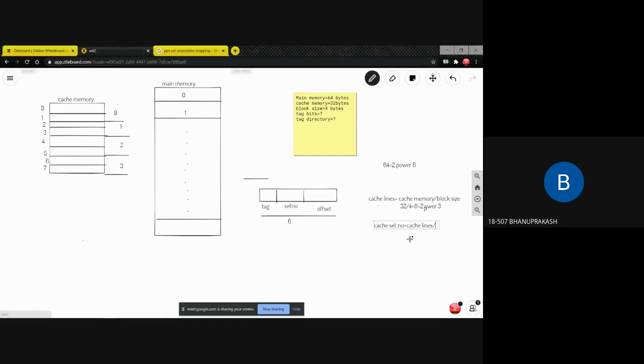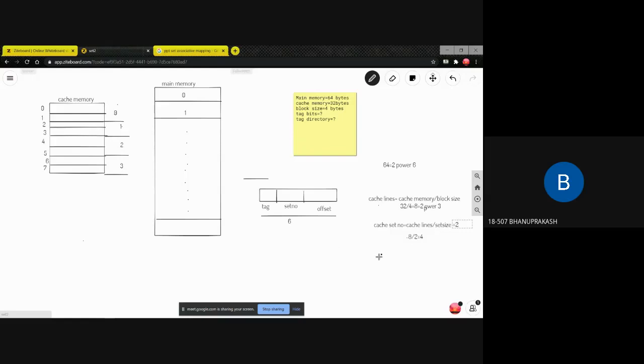The set size here is 2. So 8 by 2 equals 4. We have 4 sets: 0, 1, 2, 3, and the set size is 2. In each set we have 2 lines: set 0 has lines 0 and 1, set 1 has 2 and 3, set 2 has 4 and 5, and set 3 has 6 and 7.